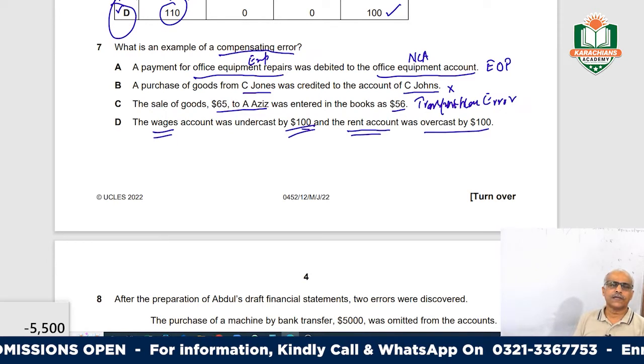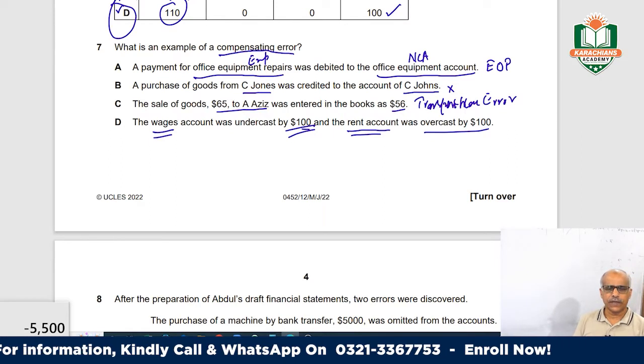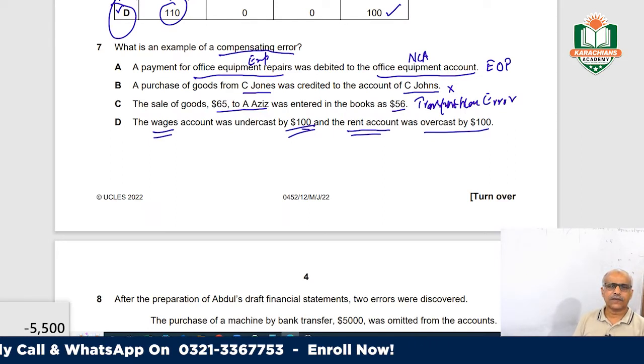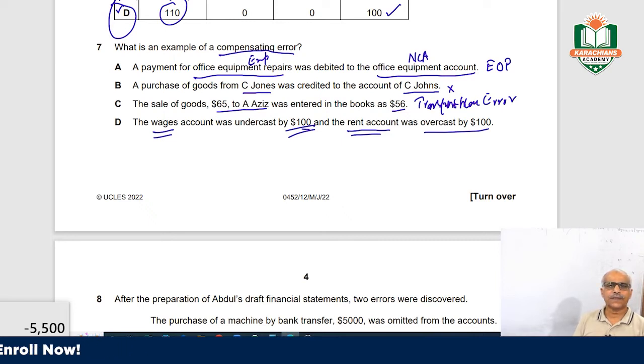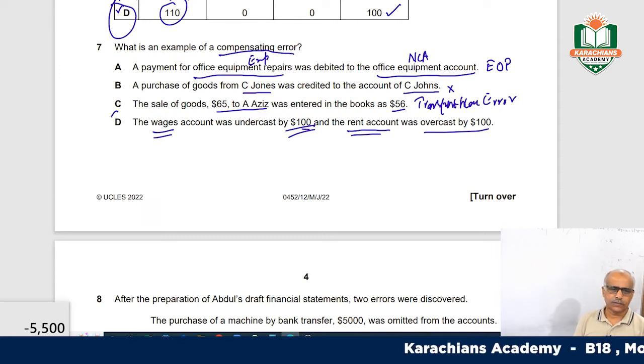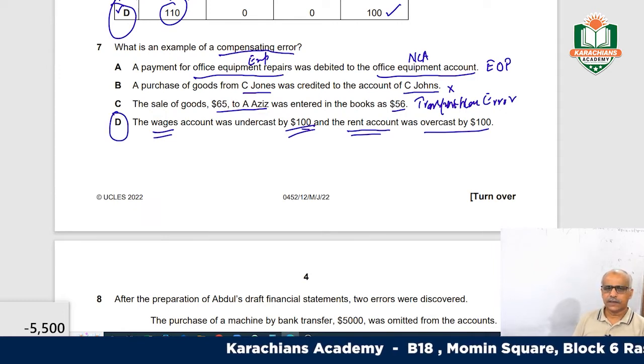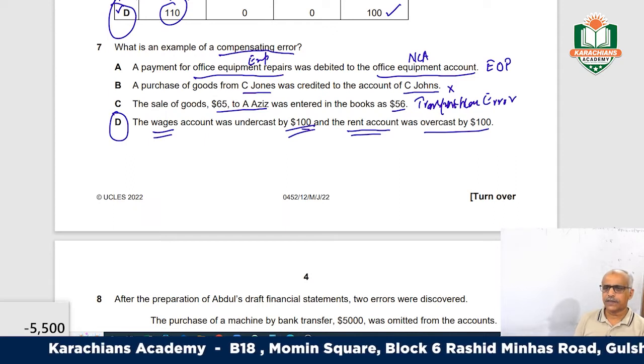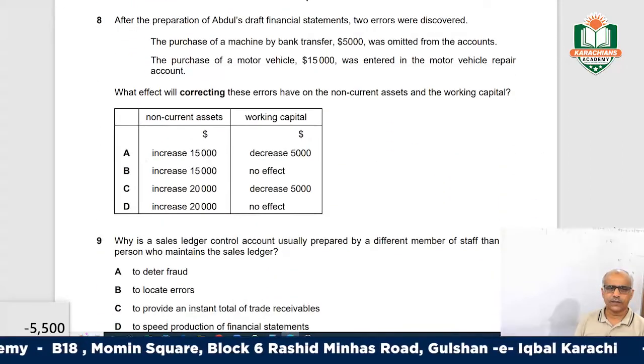So on one side you undercast one balance and the difference was compensated by an increase in another expense. So this is your option D. This is the example of compensating error. Move on to the next question.